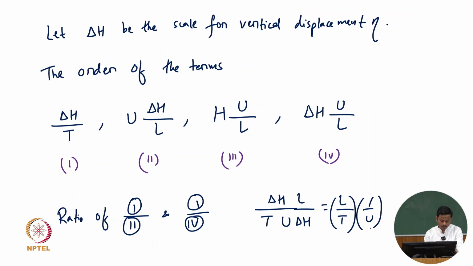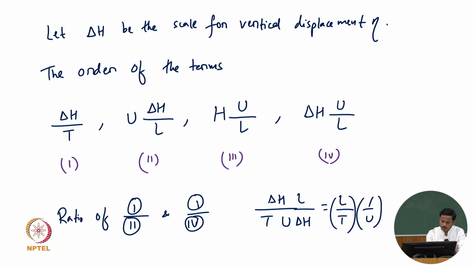Now, given the fact that L by t is much greater than u, we can neglect 2 with respect to 1.